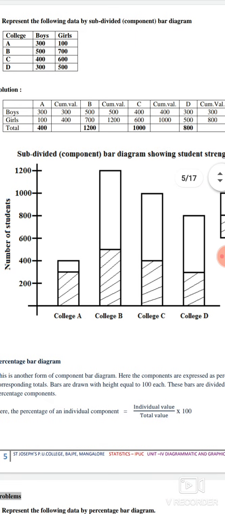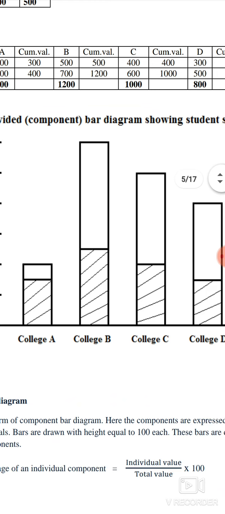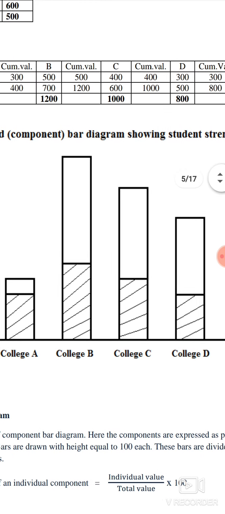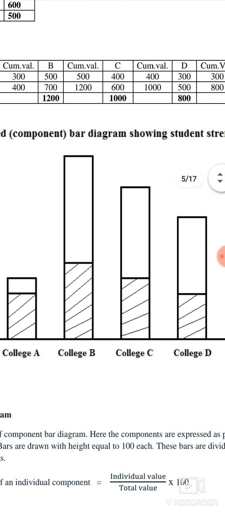Here on x-axis you have to take the colleges A, B, C, D and the number of students. Observe the maximum and minimum value in the cumulative totals of college A, college B, college C and college D. Here the minimum value is 300 and the maximum value is 1000.